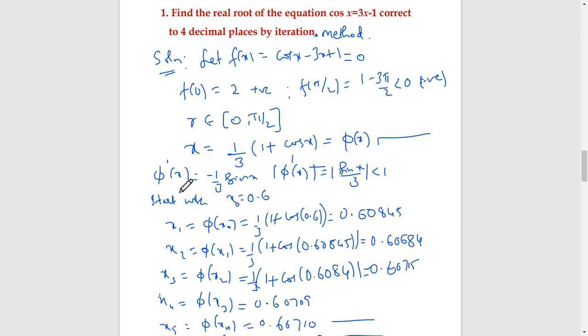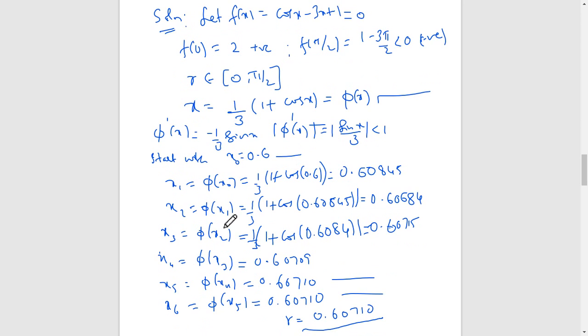We have to check phi dash of x, that is the differentiation of phi of x, which is 1 by 3 into the differentiation of cos x, that is minus sin x. Mod phi dash of x, that is mod sin x by 3, is less than 1. To start the initial approximation with 0.6, we have iterated values x1, x2, x3, and so on. Then we got the real value at x6.